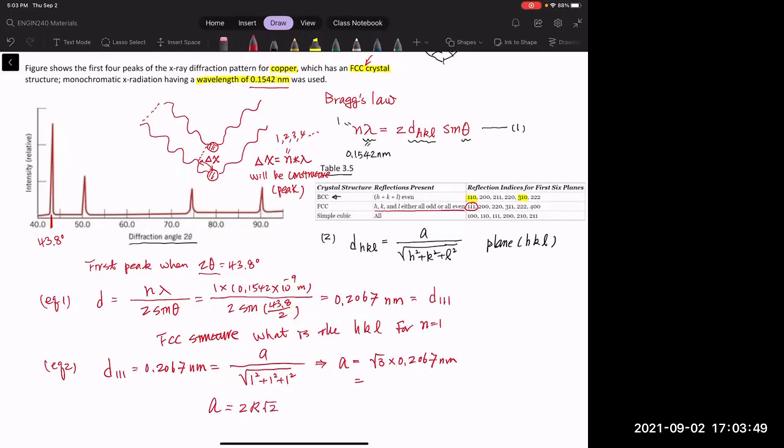Okay, so we can make this one equal to square root of 3 times 0.2067 nanometer. And then we can find out what is the R of this structure, which is the copper in this case. So the R, if you put all the numbers in there, will be 0.1266 nanometer.